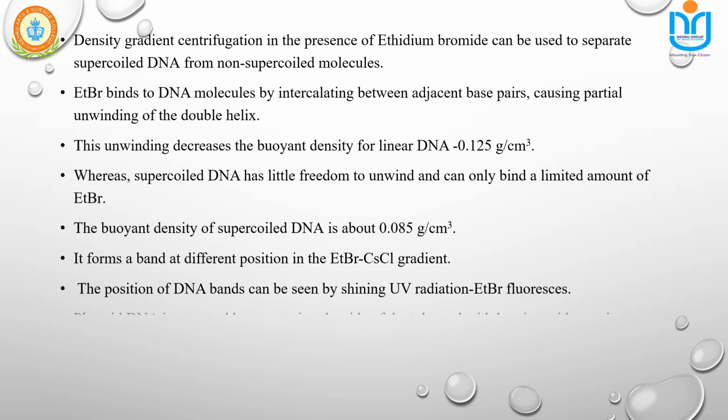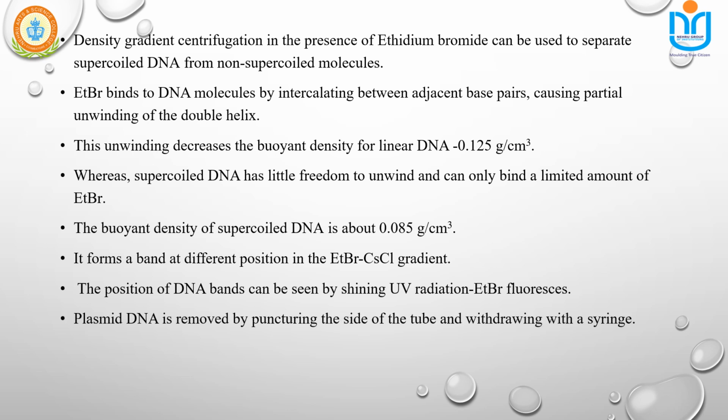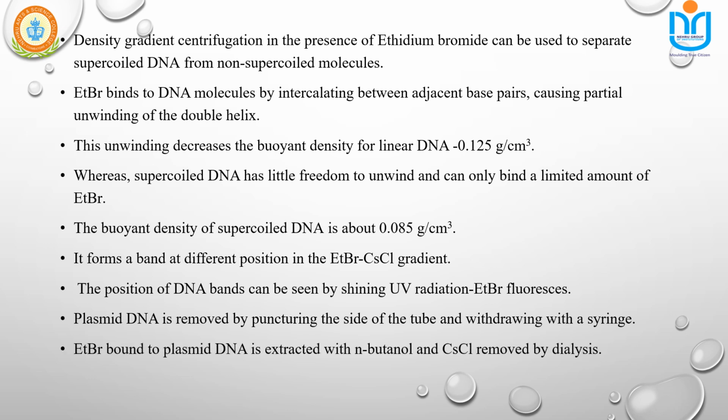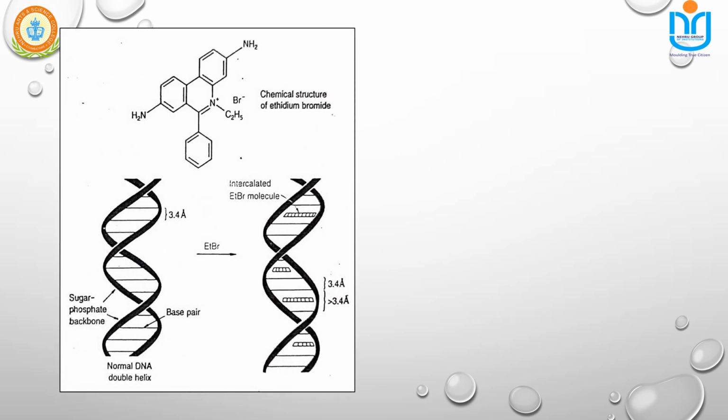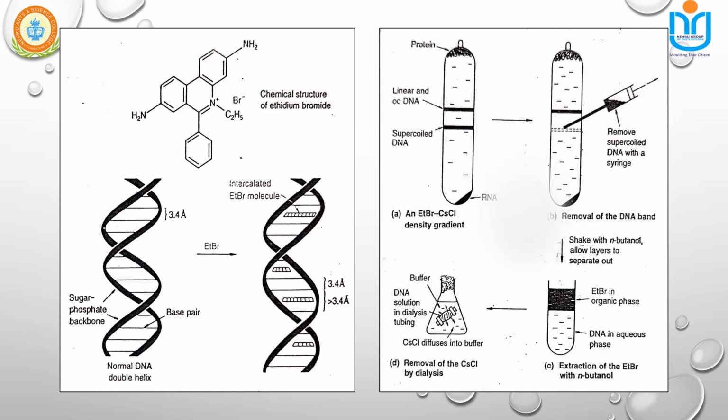Plasmid DNA is removed by puncturing the side of the tube and withdrawing with a syringe. Ethidium bromide bound to plasmid DNA is extracted with N-butanol and cesium chloride removed by dialysis. The figure shows the intercalation of ethidium bromide and the process of extraction of supercoiled DNA.